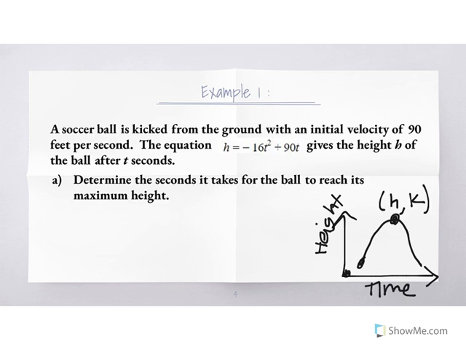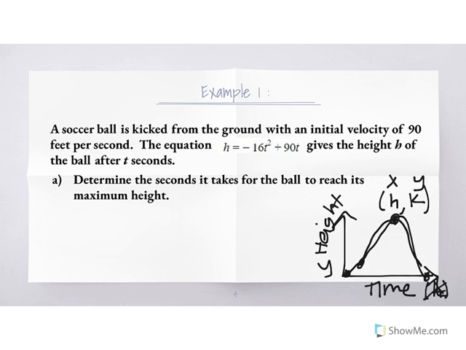Our graph would start here because we're kicking the ball, and then it'd be going up like this, then hit back down on the ground. So your time is going to be the x value. It's kind of confusing because h is actually the variable for height, but t would be represented in time, and then our k would be the y value. So remember x and y: this is our x-axis, and this would be our y-axis.